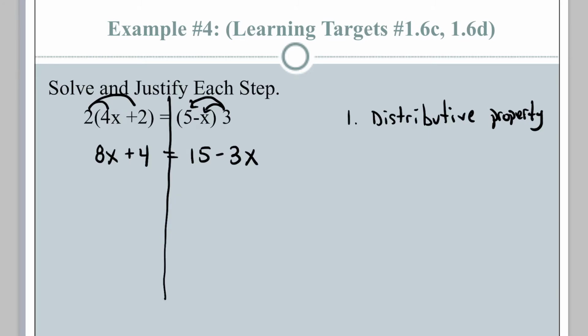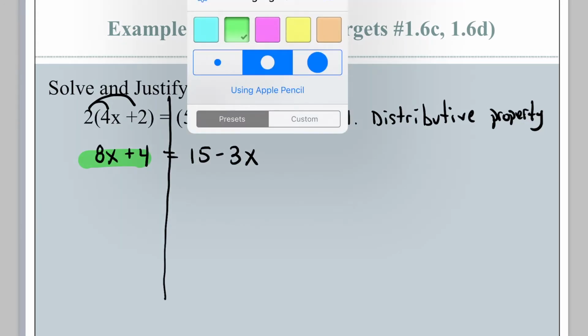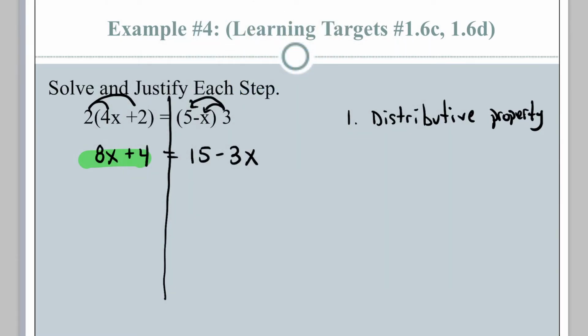I now notice that I have an expression on the left side that does not have any like terms, and I also have an expression on the right side that does not have any like terms. So now I need to start moving my terms back and forth across the equal sign in order to get my like terms on the same side. Now I attempt to move in the direction of not working with minus negatives if possible.